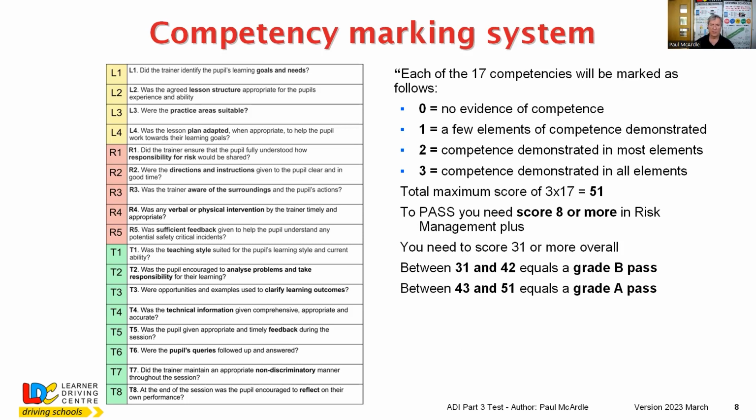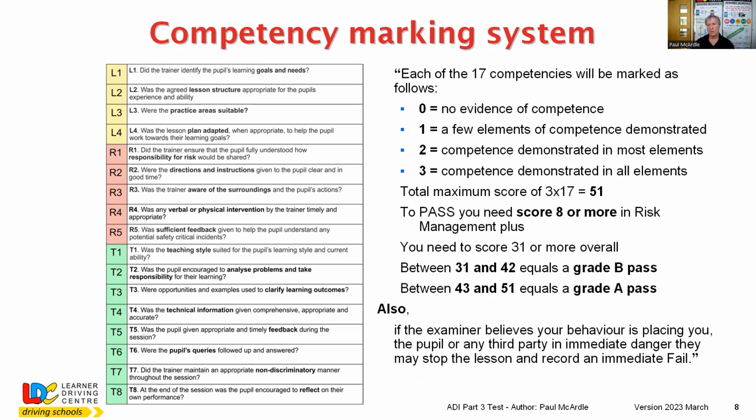If during the test it becomes apparent to the examiner that the way you're behaving, the way you're delivering your instruction or going about your business, puts either the pupil or a third party in immediate danger, then the examiner may decide to immediately halt the lesson, and that will result in a fail.